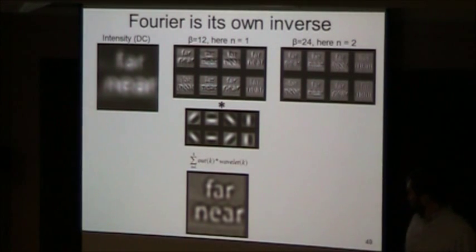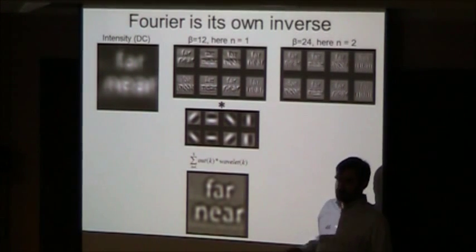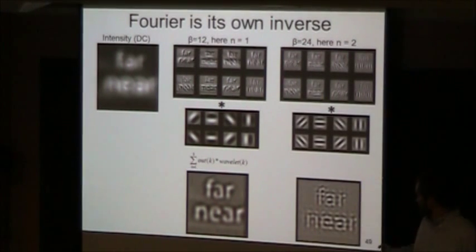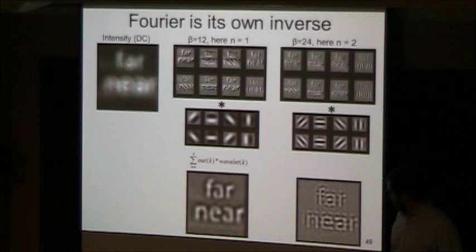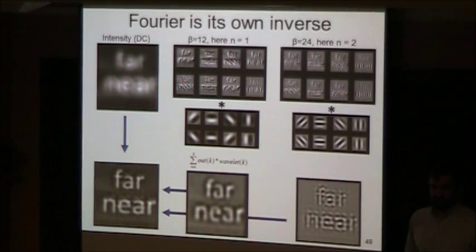And I get back, I'd argue, a cleaner representation of the original signal than the raw intensity. I can do this for the higher beta ones, the higher harmonics, and I get another one but with interesting ringing effects going on. And then I combine them all together, and I get a much cleaner representation of the original signal than I had in just the raw intensity. So sure enough, it's there. It's not beautiful, but it's a lot more beautiful.